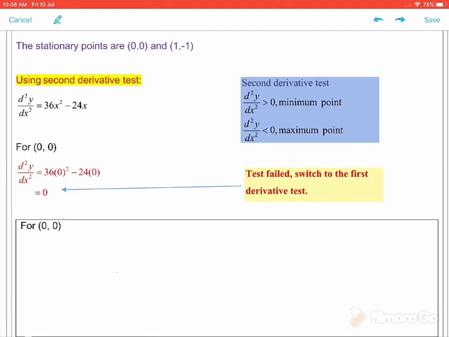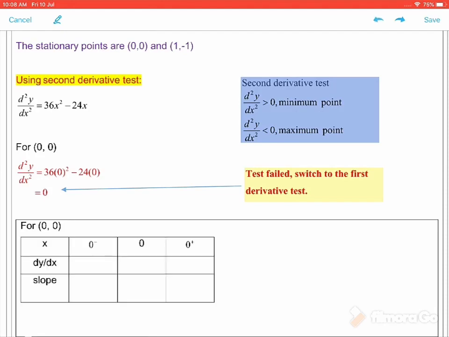For (0, 0), the same thing, we have to draw the table if you want to use the first derivative test. We test for 0. You choose a value before 0 to substitute into our dy dx. Maybe we can choose negative 0.5. When we substitute into the dy dx, you will get negative.